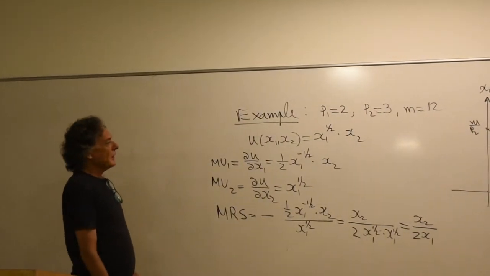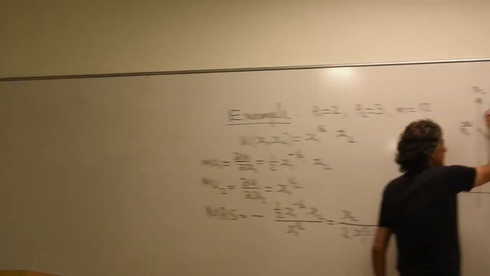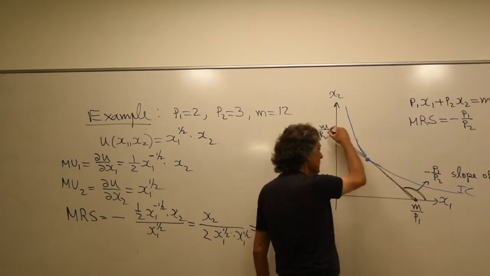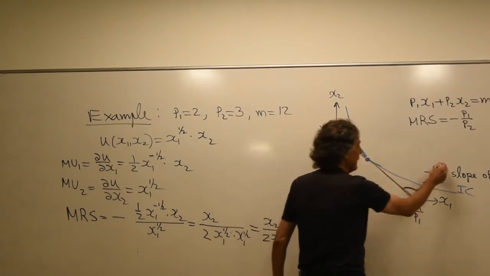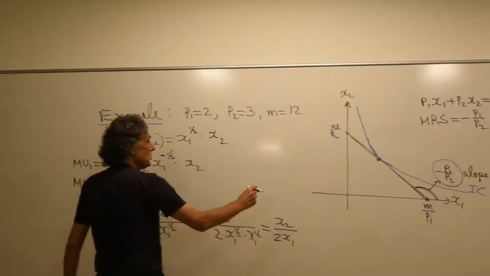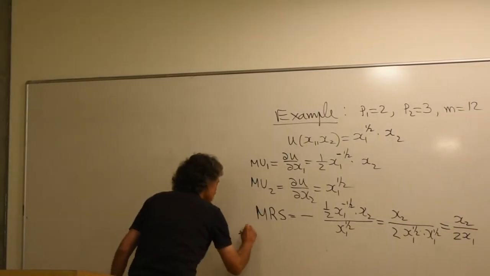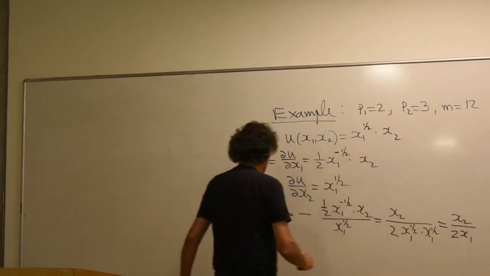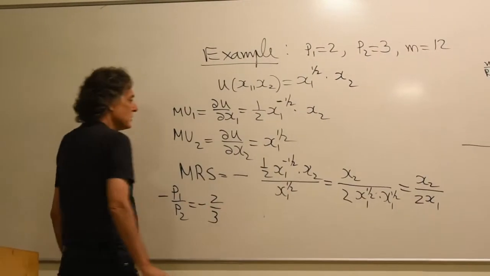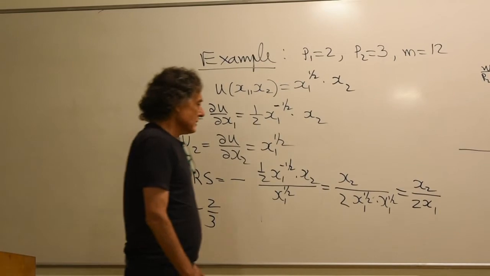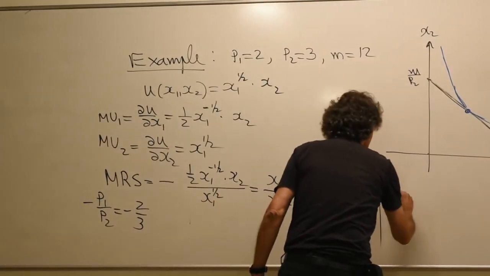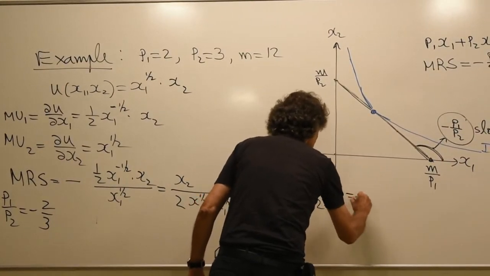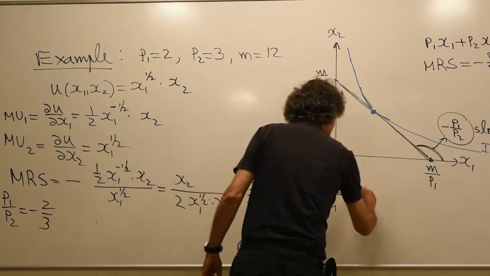Great. And now the first thing is that the MRS is the slope of the tangent line, but I know what is the slope of the line. So the slope in our example is negative P1 over P2, 2 to 3. So it's negative 2/3. So my first equation is, from here, I conclude that x2 over 2x1 equals 2/3.